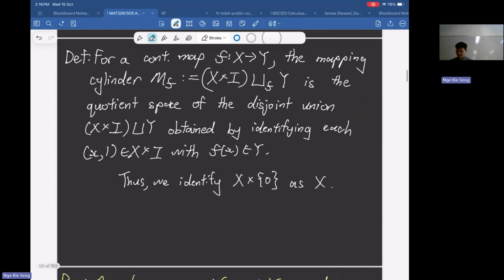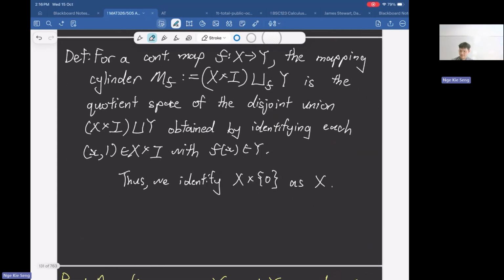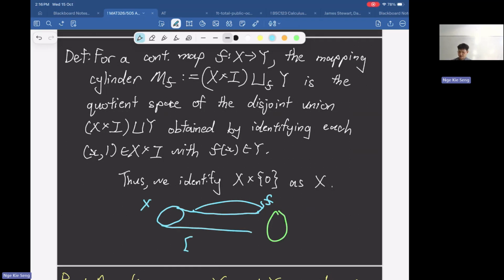The picture is like this. You have X to Y, with a map F. What you do is cross X with a unit interval, and then you glue to F as in how you map into Y. So f(x) like that.